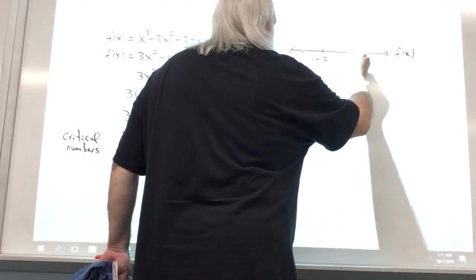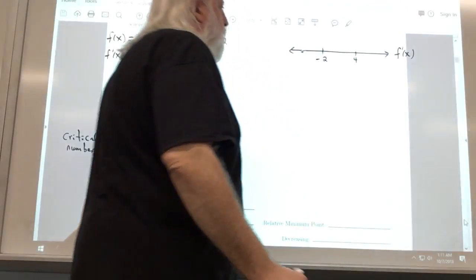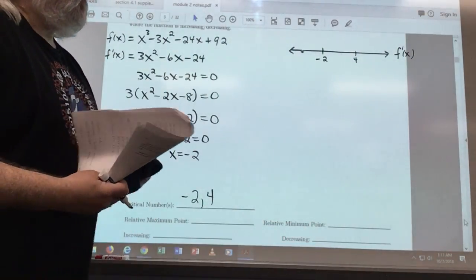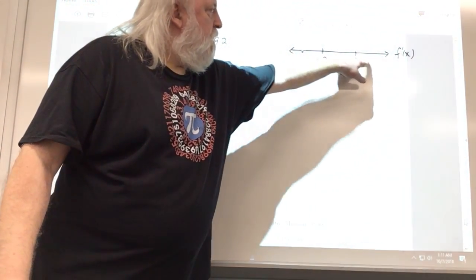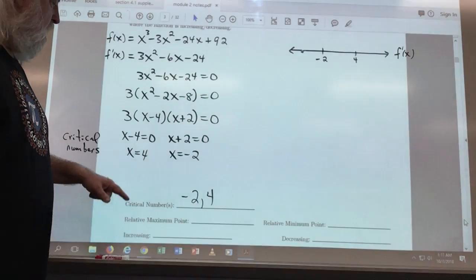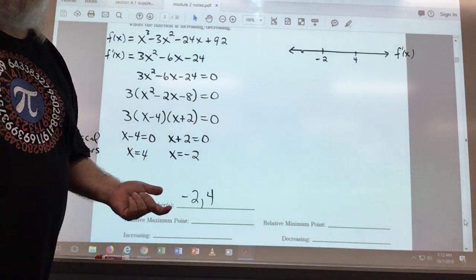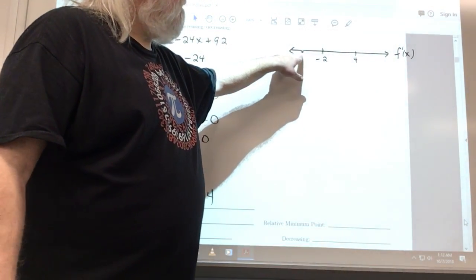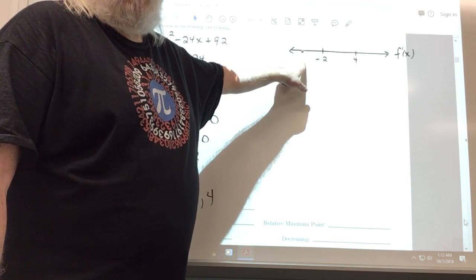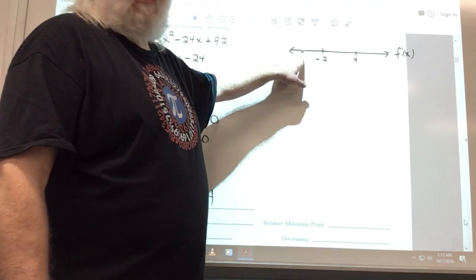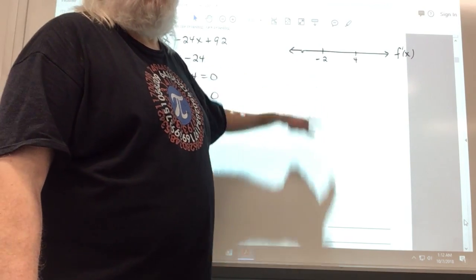So here's minus 2, and here's 4 on the real number line. And so we have 3 intervals, okay? For each of these intervals, we're going to do a test point to see if the slope is positive or negative. If the slope is positive for one number in the interval, it's positive for all numbers in the interval. If it's negative for one number in the interval, it's negative for all numbers in the interval.